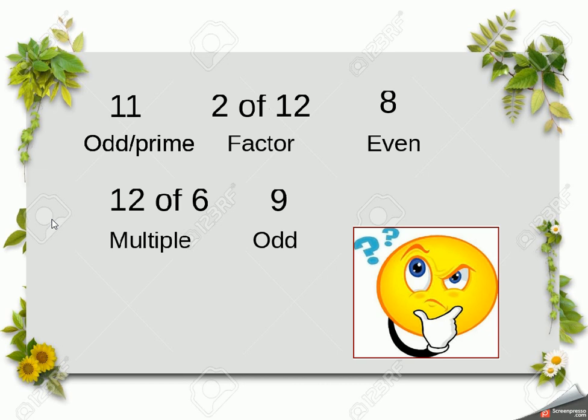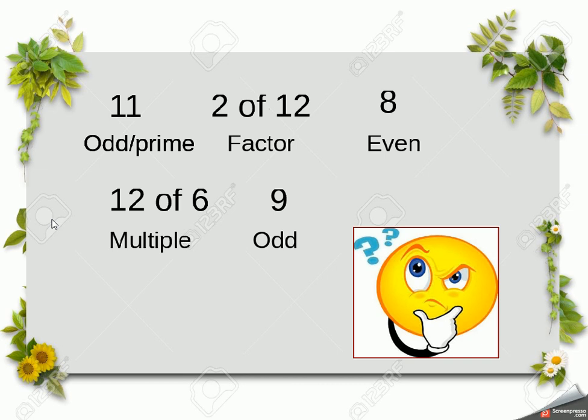8, well, 8 isn't a prime number because you can divide 8 by 4, you can divide 8 by 2 without giving a remainder. So all we can say is it's an even number because it ends in 8. 12 of 6, well, yes, 12 and 6 are even numbers, but it's asking you what is 12 of 6.